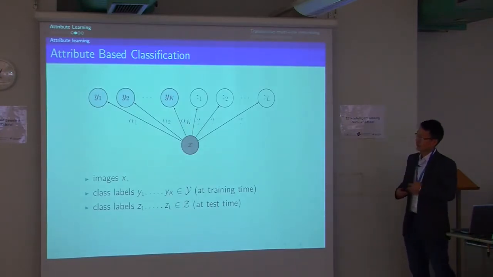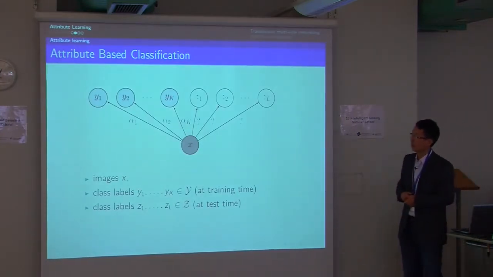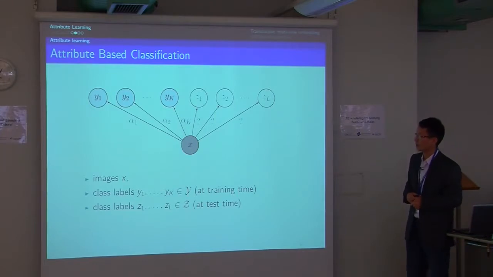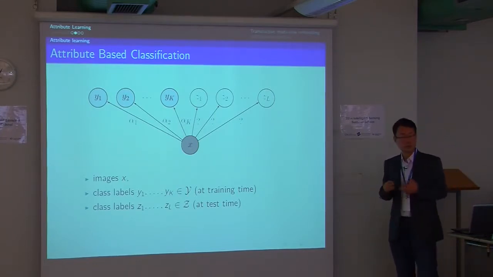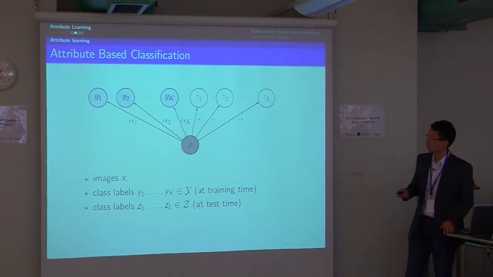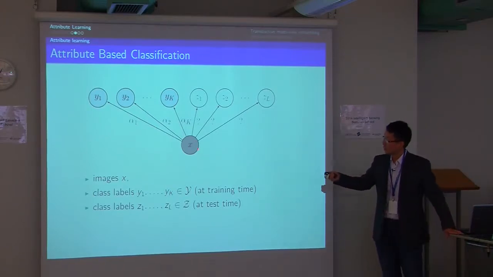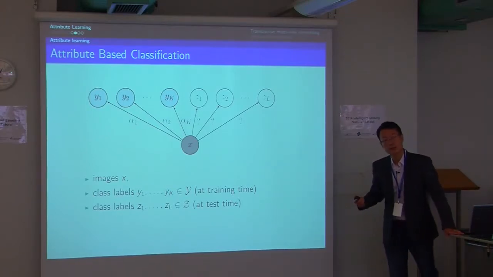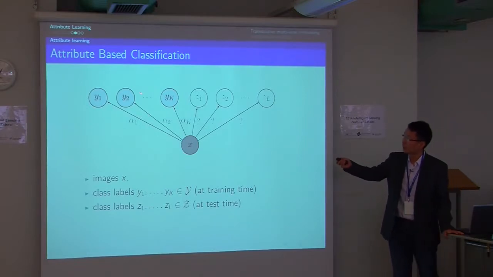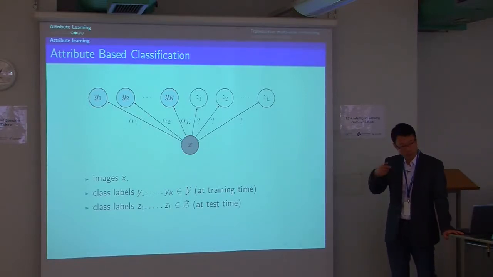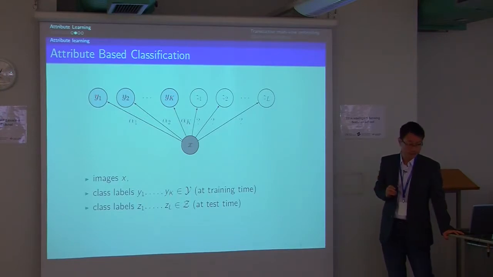Okay, so if we present this formally, this is an illustration of the zero-shot learning problem. You have each image represented by a feature vector X, and during training, you have a set of images which has been labeled into different classes Y1 all the way to YK.